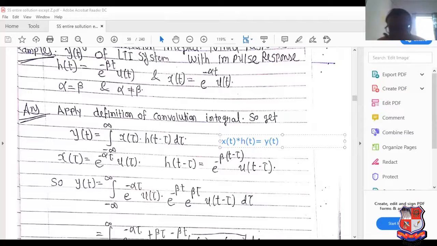Now x of tau equals e raised to minus alpha tau u of tau, and h of t minus tau equals e raised to minus beta times t minus tau, u of t minus tau. See this, t is converted into tau.